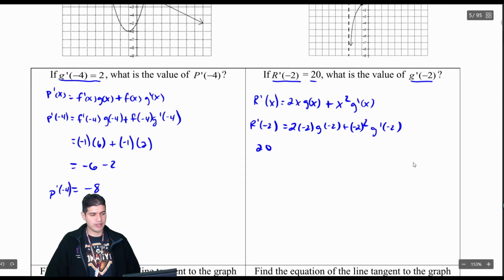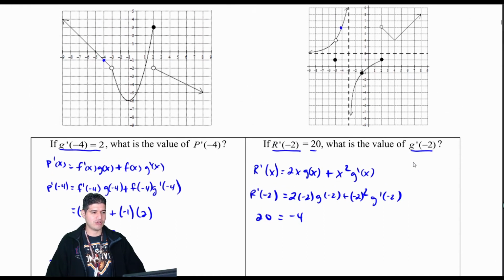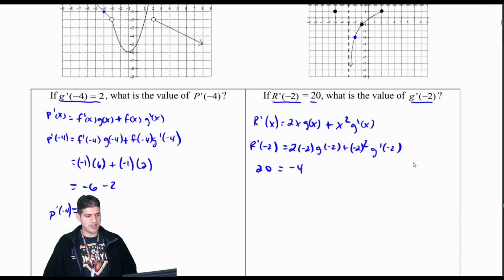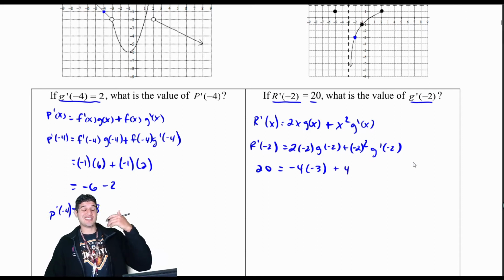So I'm going to replace 20 right there. I'm going to get -4, and g of -2, this is where I go back up to my graph. So g of -2 is going to be -3. All right. So -4, g of -2 is -3. So I'm going to multiply those. All right. And then plus -2 squared is 4, and I want to find g prime of -2. That's what I actually want to find.